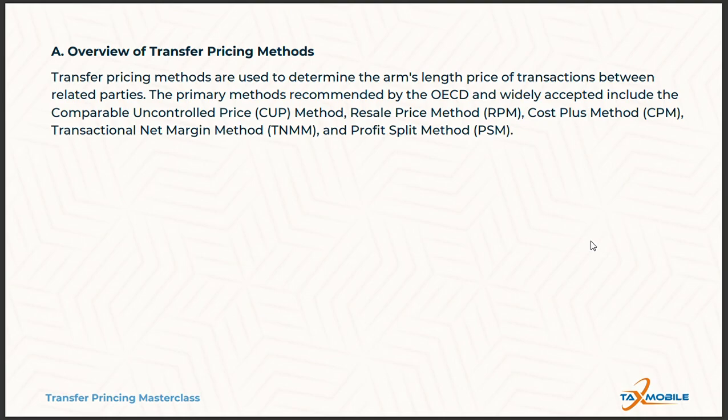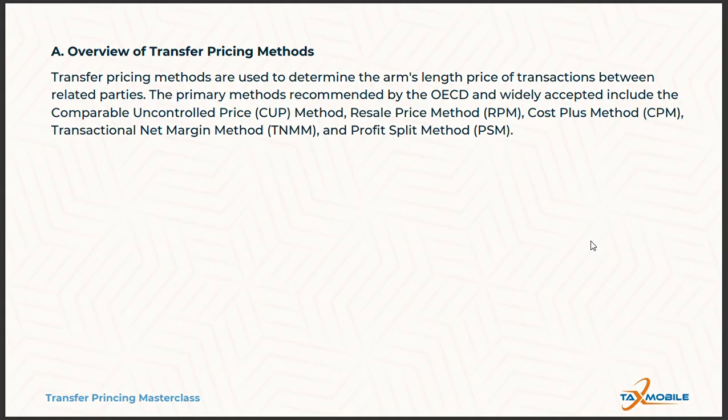Now, transfer pricing methods provide the framework for ensuring that related party transactions are priced fairly and comply with international tax regulations. The 5 main methods we will cover today include the comparable uncontrolled price method, the resale price method, cost plus method, transactional net margin method, and profit split method.